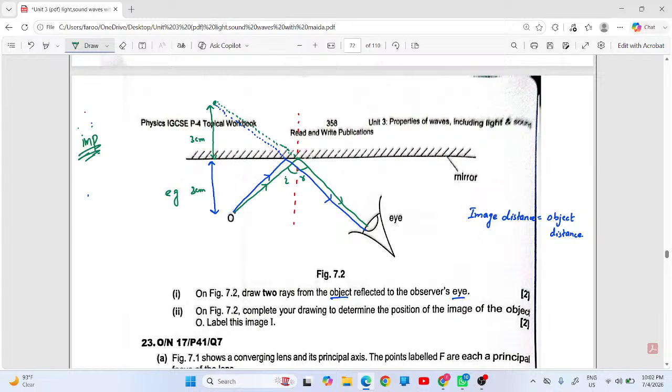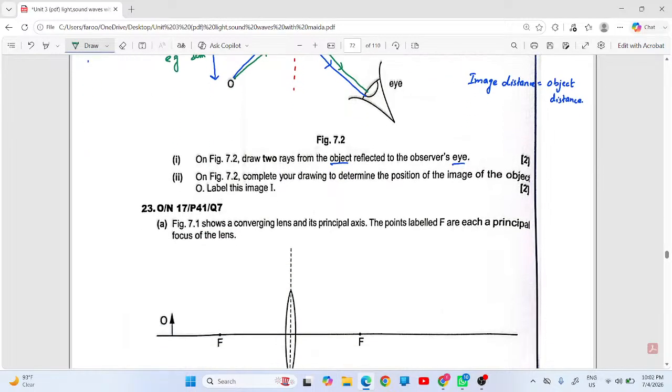No, sir. तो इमेज डिस्टेंस मस्ट बी इक्वल्स टू द ऑब्जेक्ट डिस्टेंस फ्रॉम मिरर, image is formed inside the mirror, not the outside of the mirror.